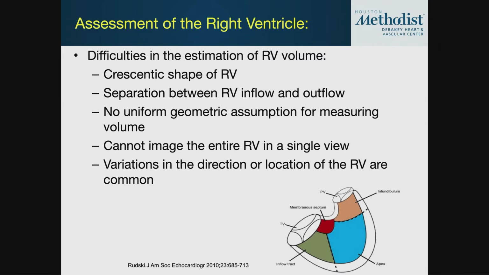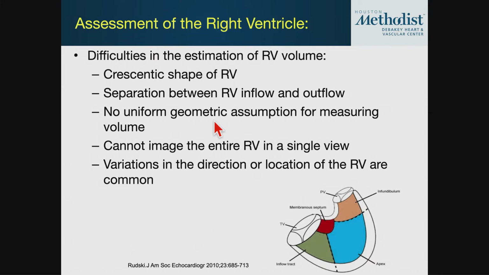In assessment of the right ventricle, going back to the fact that the shape of the right ventricle is not a nice spherical shape like the left ventricle, it's more of a crescent shape, it's important that we try to minimize geometric assumptions, because geometric assumptions can be very wrong, especially with the right ventricle.